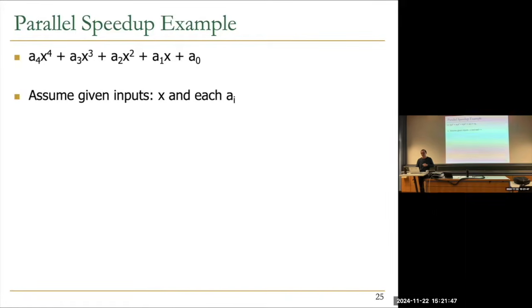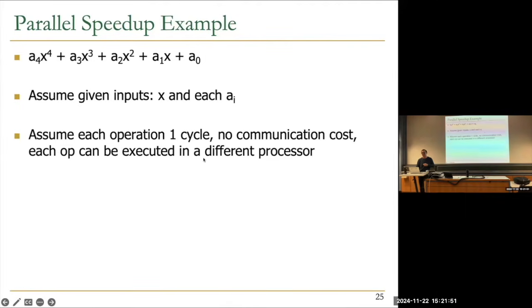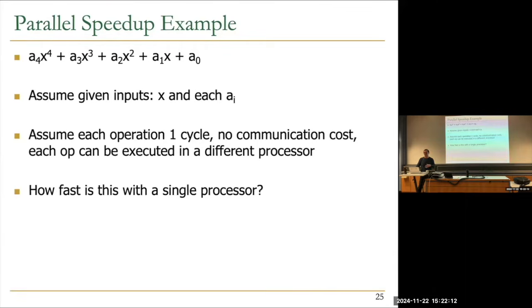So assume that you are given inputs x and each a_i. Assume each operation takes 1 cycle, there's no communication cost, and each op can be executed in a different processor. These are the assumptions that we've had earlier, right? Perfect parallel processing. There's no overhead in instruction fetch. Forget about that. There are no instructions. We just schedule operations into different processors, functional units. Then there are 2 questions over here.